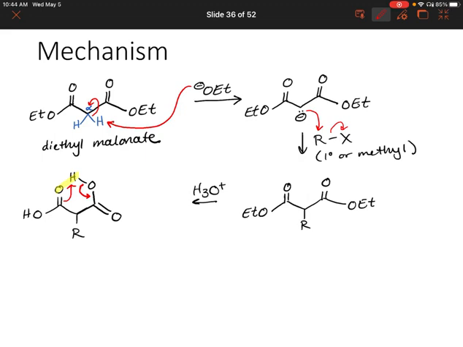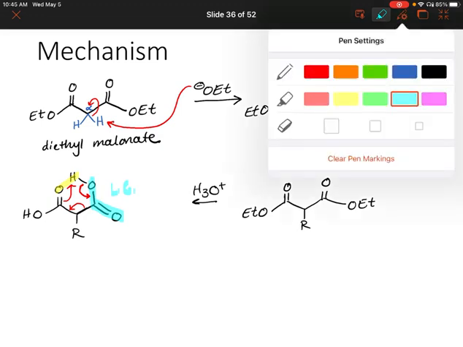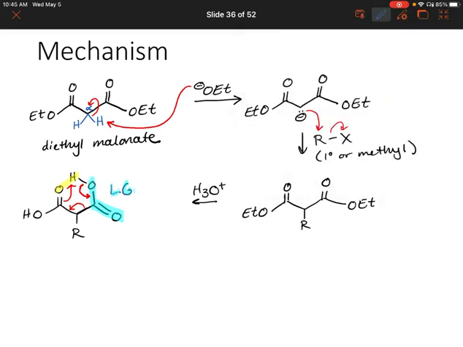And in this situation, the bond down below between the carbonyl carbon and the alpha carbon is going to break. What's actually happening here, because this is a little confusing, is we're losing one carbon and two oxygens. So that's our leaving group.